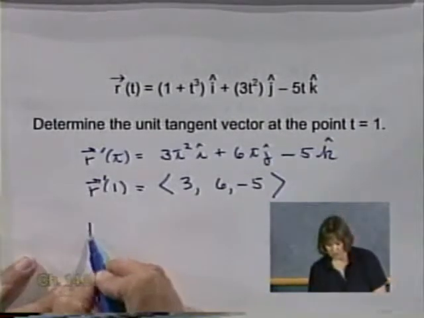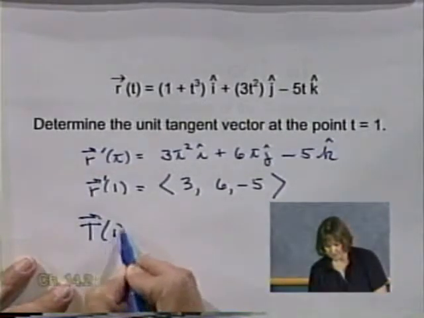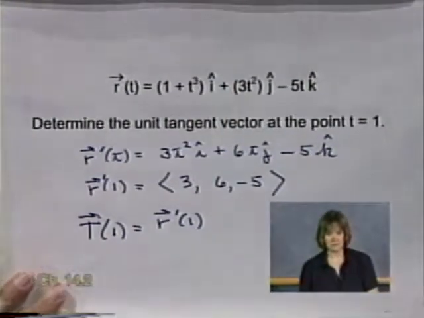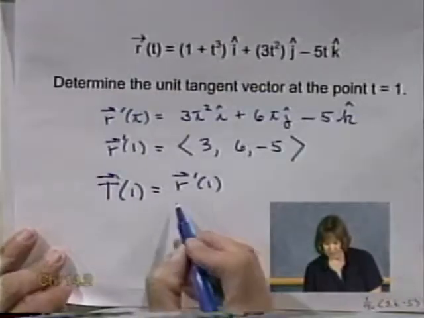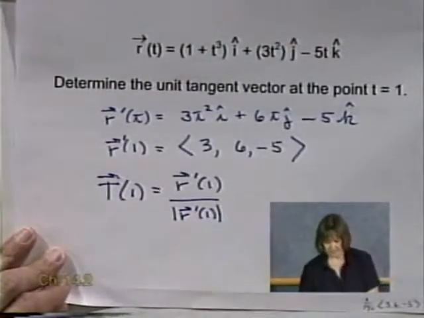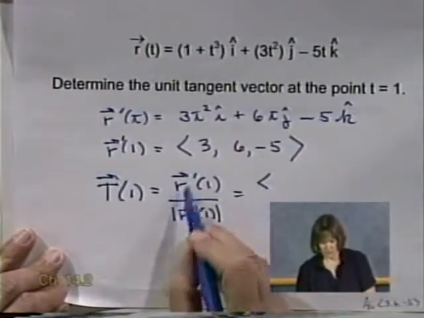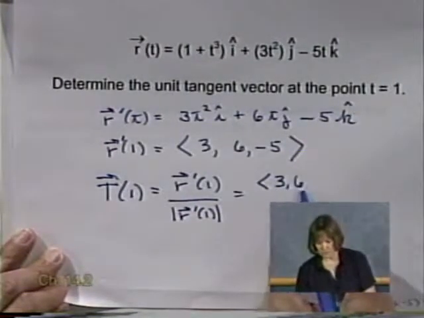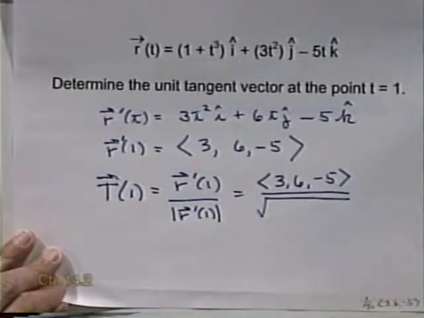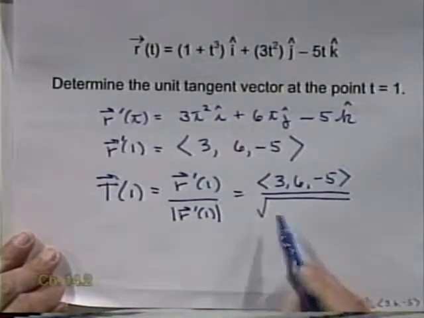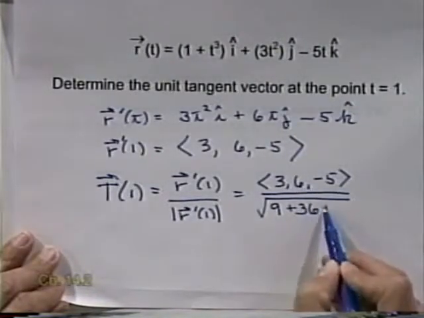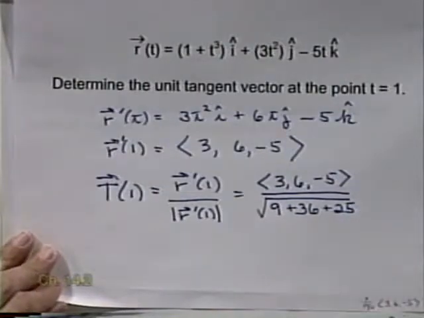Now recall, the unit tangent is the derivative vector, but to make it of length 1, we divide it by its length. So I want to take the vector, since r prime of 1 was the vector whose components were 3, 6, and negative 5, I need to divide it by its length. And how do we take the length of a vector? It's the square root of the x component squared plus the y component squared plus the z component squared.